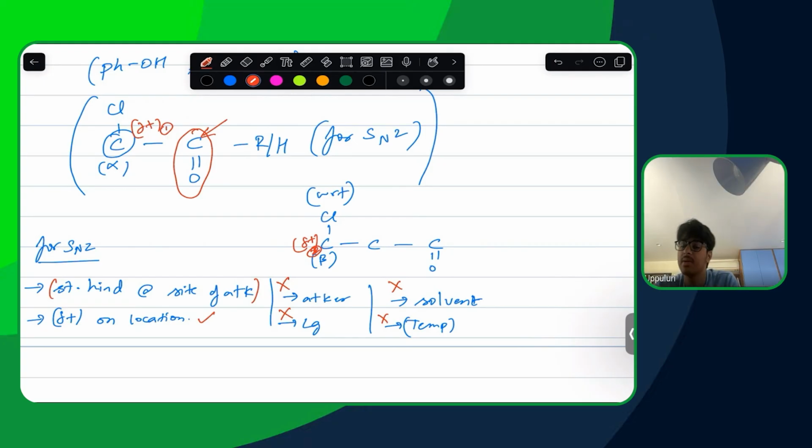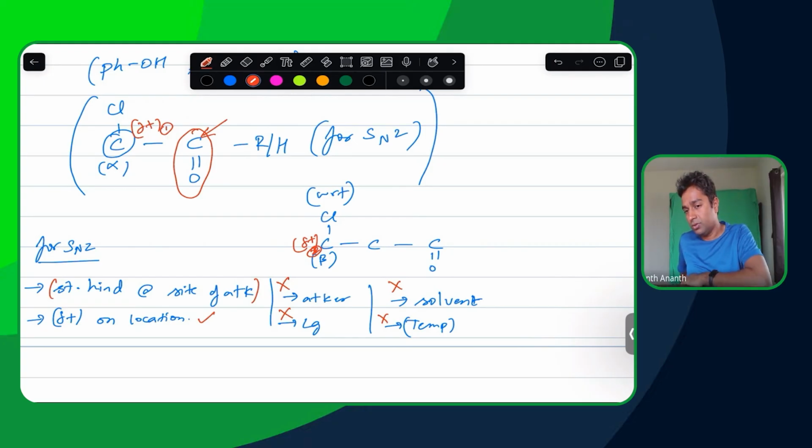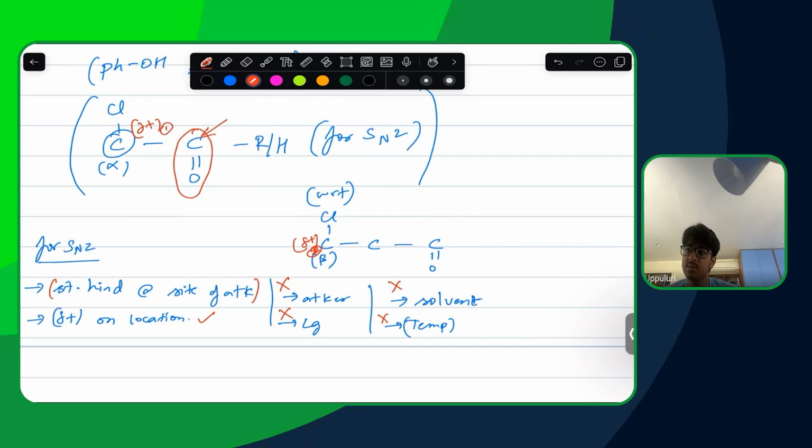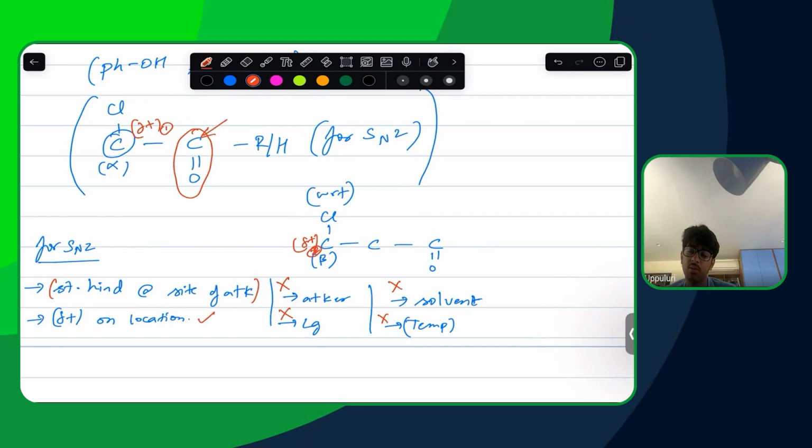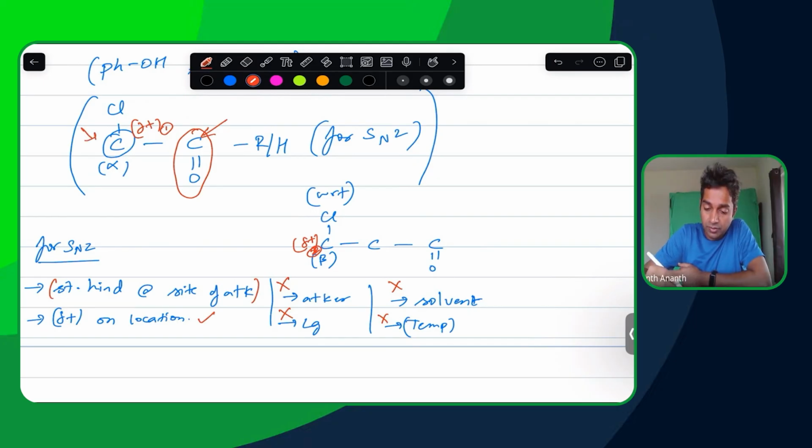Okay. The carbonyl group offers what though? Is it going to be offering any competition for the nucleophile? Yeah, repulsion, because O minus also has a nucleophile. Not like that. I do not mean that. See, this location and this location, these two locations, are they in competition with each other?